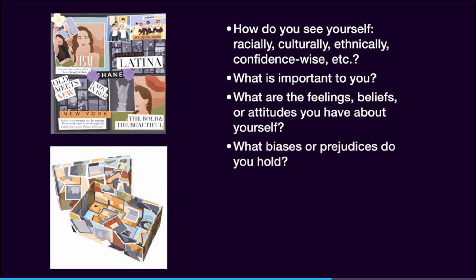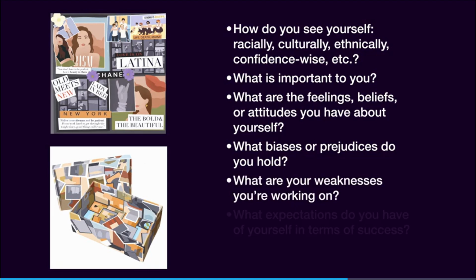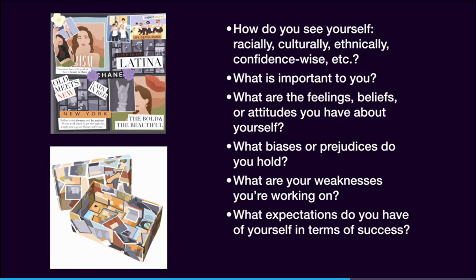What biases or prejudices do you hold? Blind spot alert. What are your weaknesses that you're working on? What are your strengths? What expectations do you have of yourself in terms of success? What activities do you like to do?